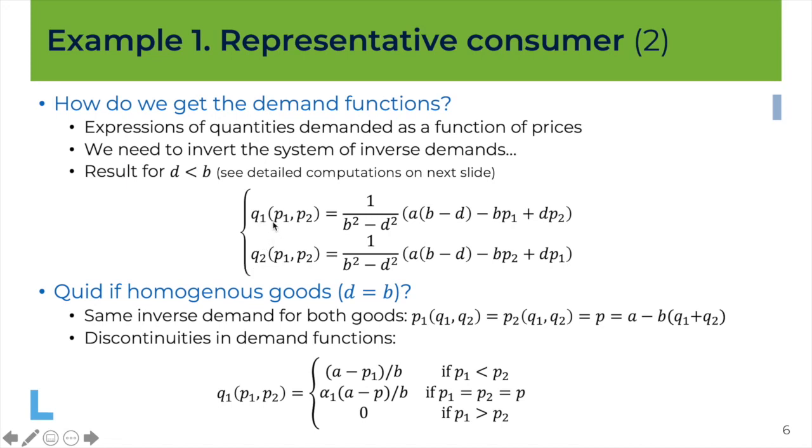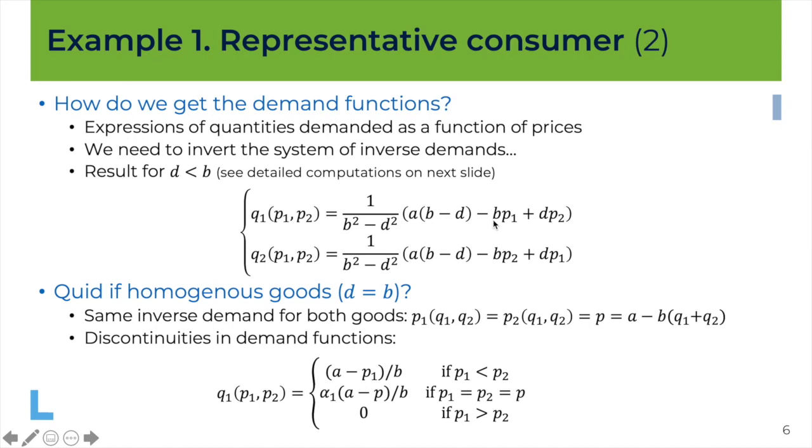This is the expression of the quantity demanded as a function of the two prices. Okay, the details are given on the next slide, and I advise you just to freeze the screen for as long as you want, and you can check all the details that I have written on the next slide. Okay, so the only thing I want to stress here is that we are talking about substitutable goods.